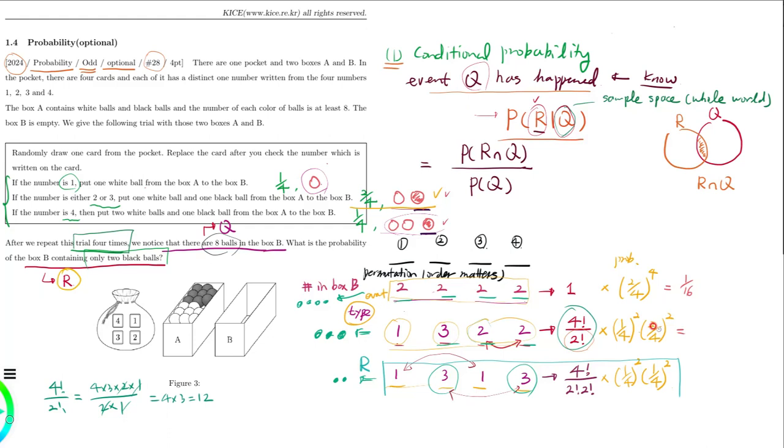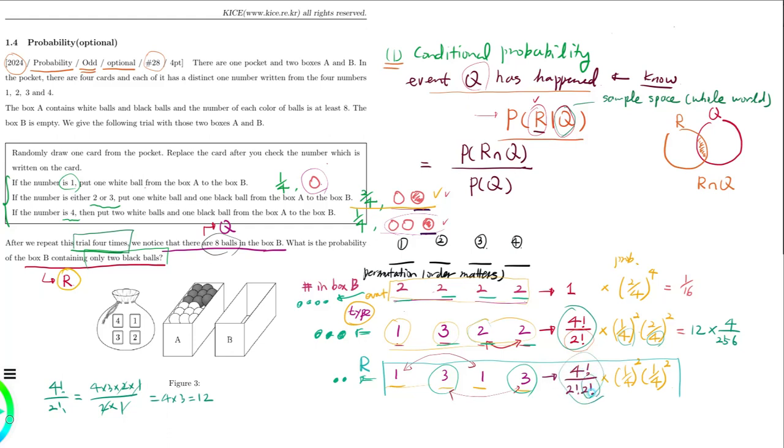This is 12 times 1 over 4 to the 4th power, 256, I believe, times 4.